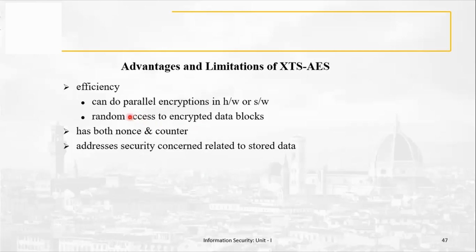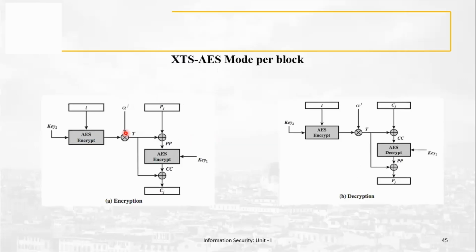It can do parallel operations. These are the efficiency advantages. There is random access to encrypted data blocks. You can access any block at any moment of time, and it has both nonce and counter. That means you are using the I value and you are using the nonce value also.